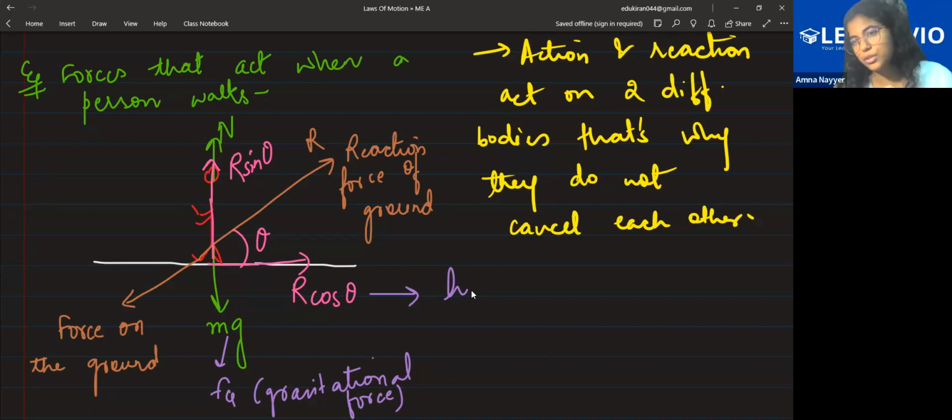Mainly, this is the force which is pushing us. So this actually helps us to move.